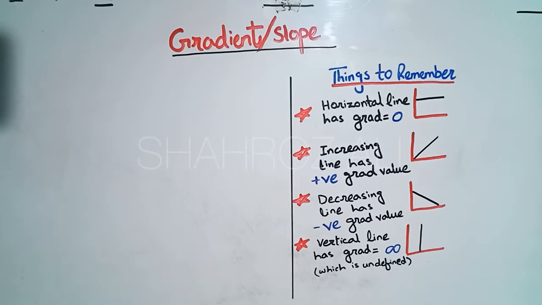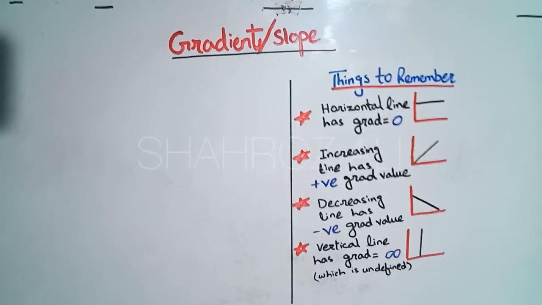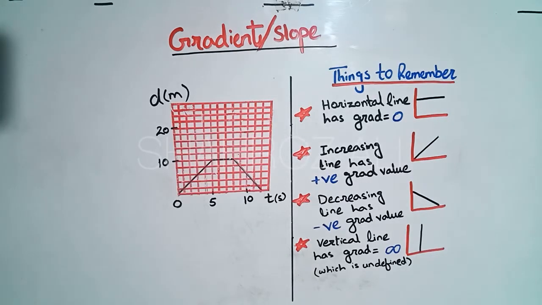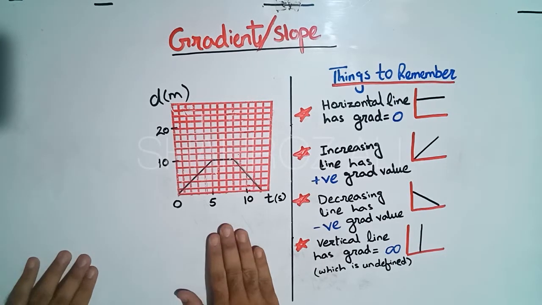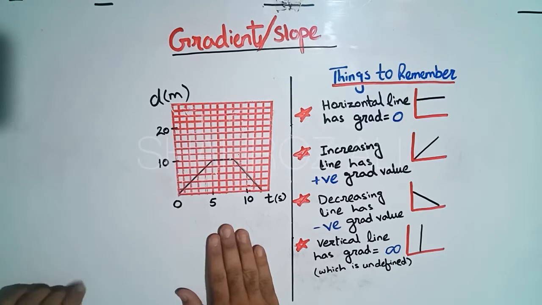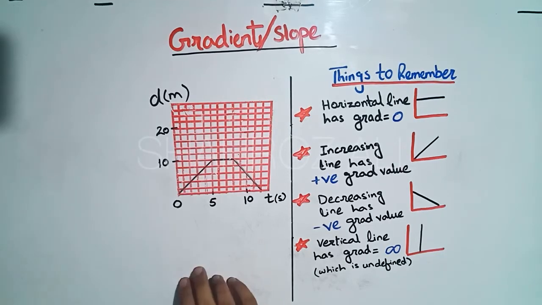Now we are going to move towards how a gradient can be found out. Let's see, we have a graph and we want to find its gradient. There are three lines given on the graph, meaning it is a combination of three lines.